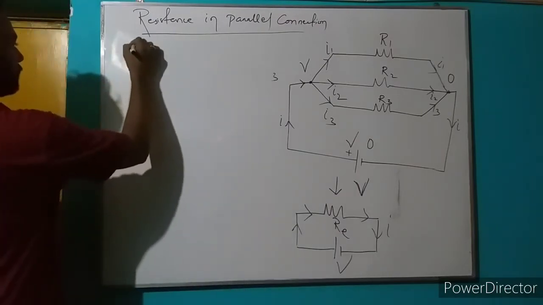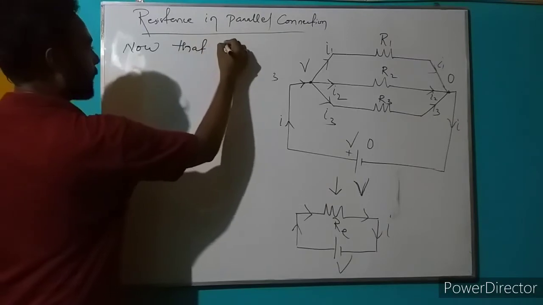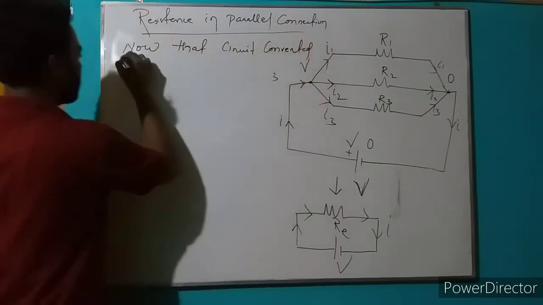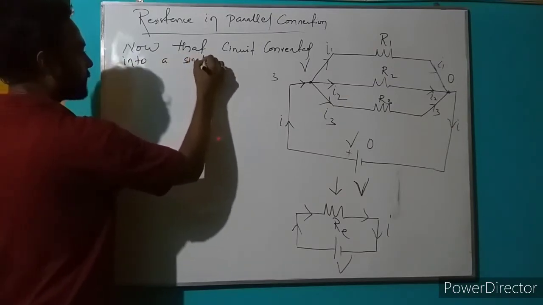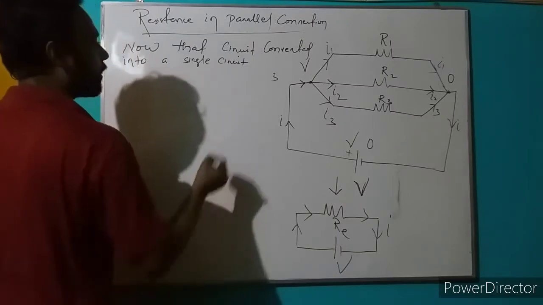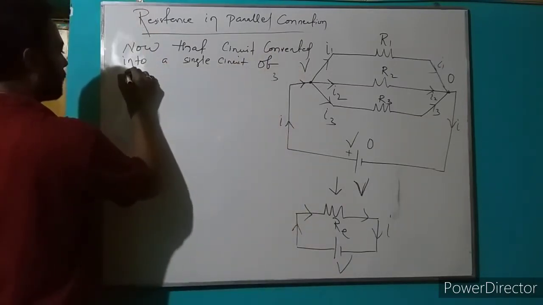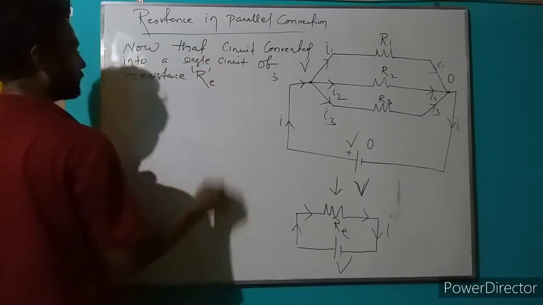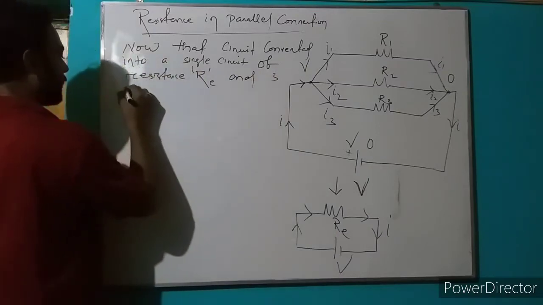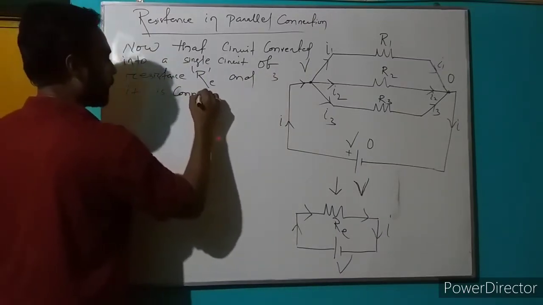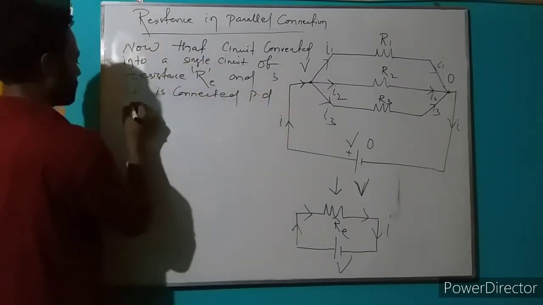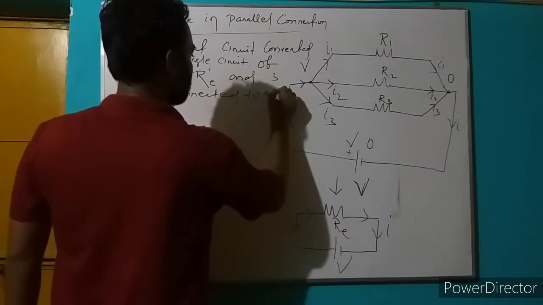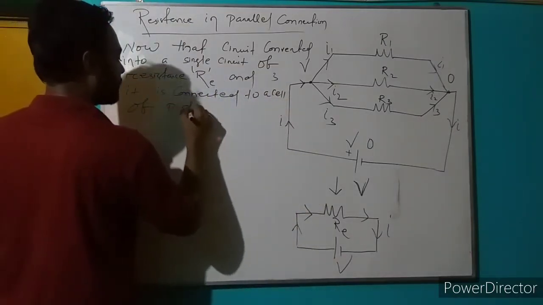So now that circuit is converted into a single circuit of resistance RE, connected to a cell of potential difference V volts.